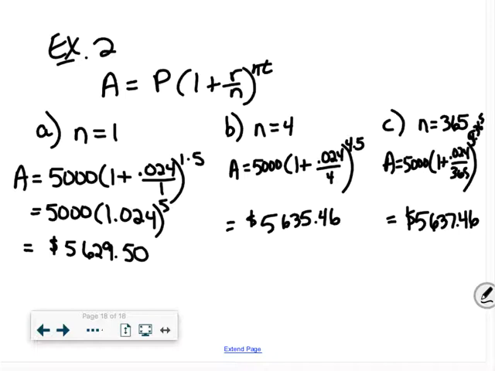So see if you're getting it correct with 365. Letter D says compare your answers from parts A to C. What do you notice? What happens the more often you compound? Don't you get more money? So in letter D, the more often you compound, the more money it generates, which is really nice.